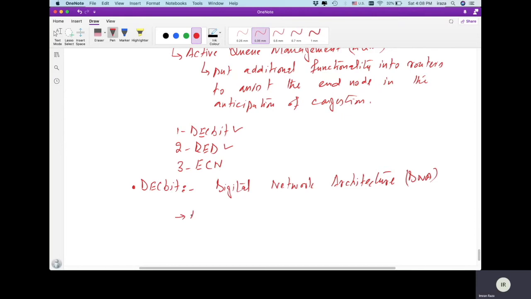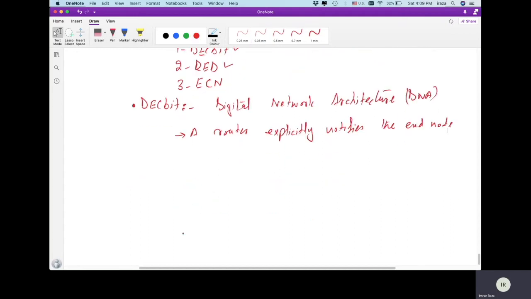A router explicitly notifies the end node, meaning the destination.